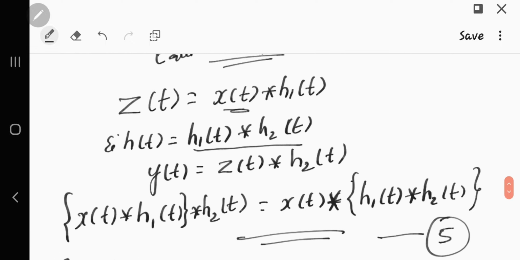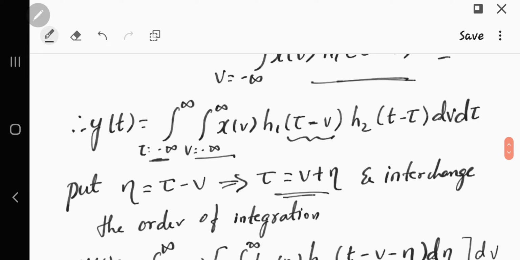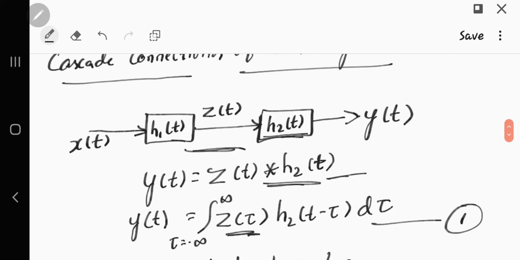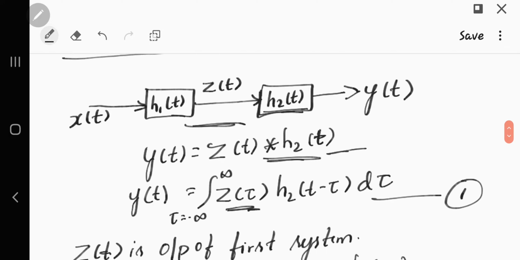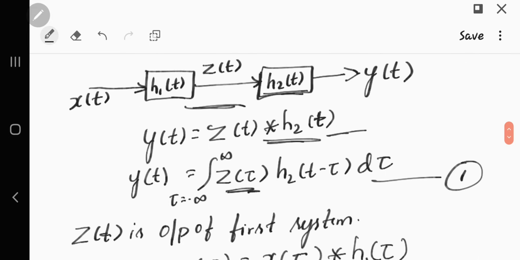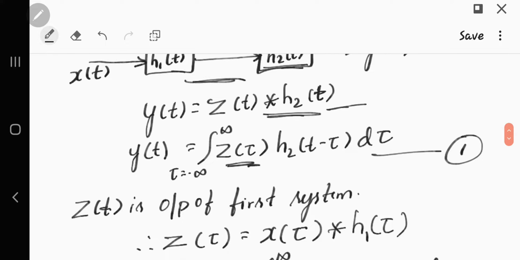So where we started and why we have ended here, I will just brief it once again. We started with systems which are connected in cascade. Based on this, we got our output y of t as z of t convolved with h2 of t, right?